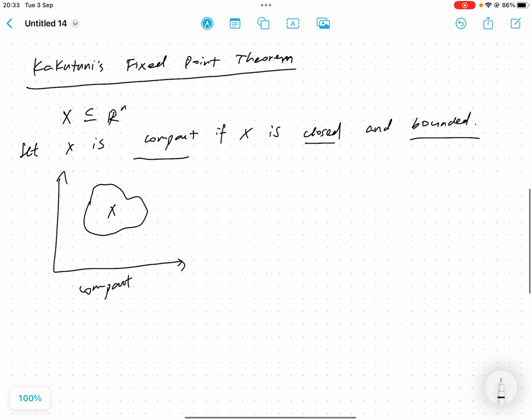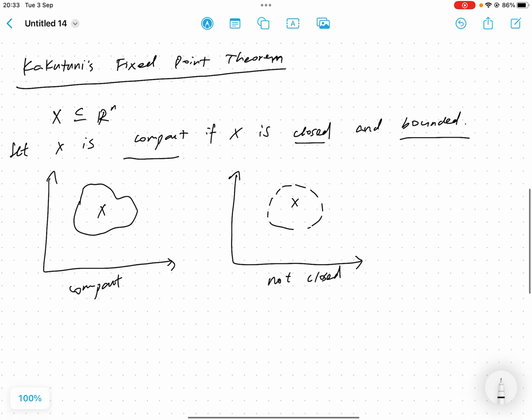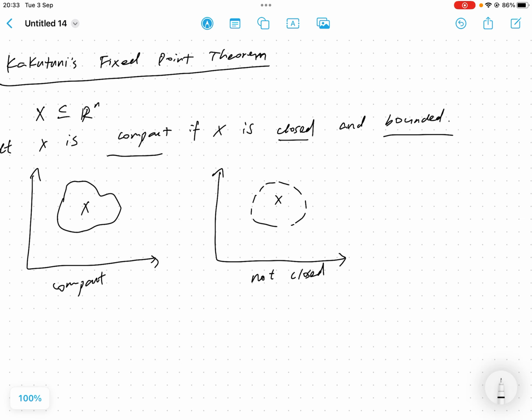But if this set doesn't include the boundaries, it is called an open set, right? So it's not closed, and in this case it is not compact.